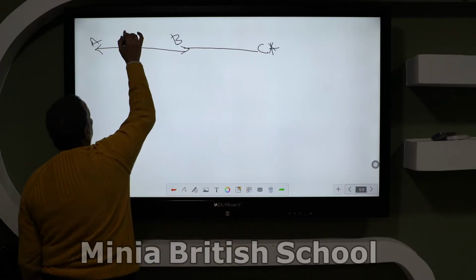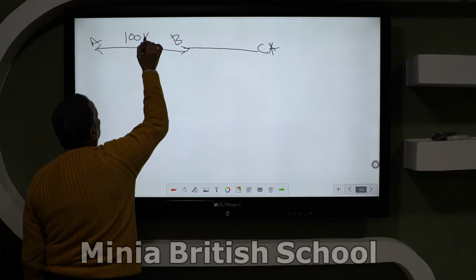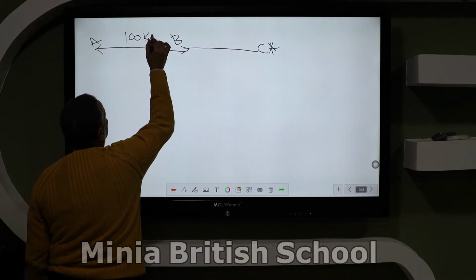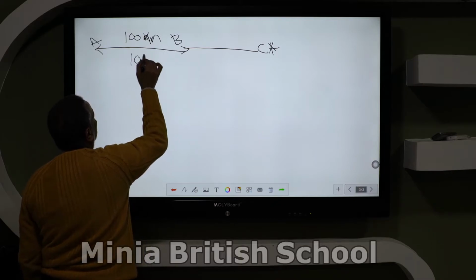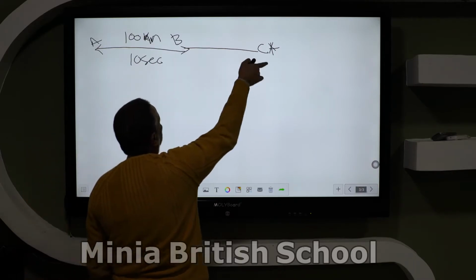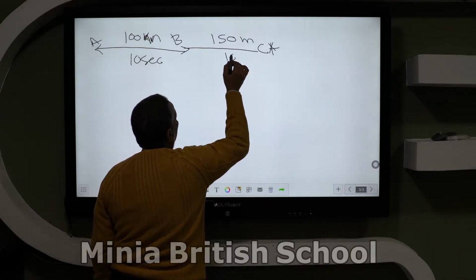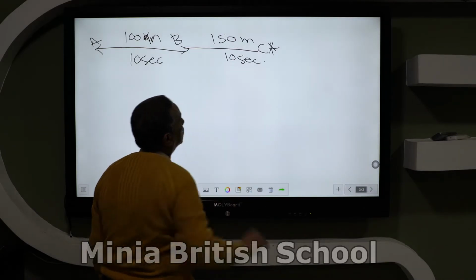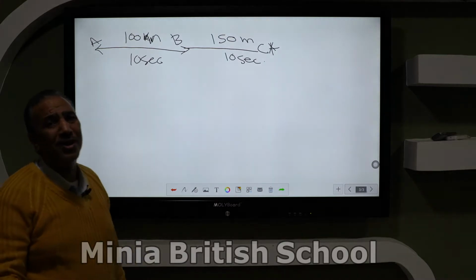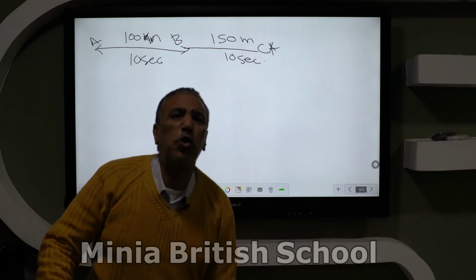If here we have, for example, 100 meters in 10 seconds, and then it covered the second part, 150 meters in 10 seconds, that means this body is covering unequal distance in equal intervals of time.